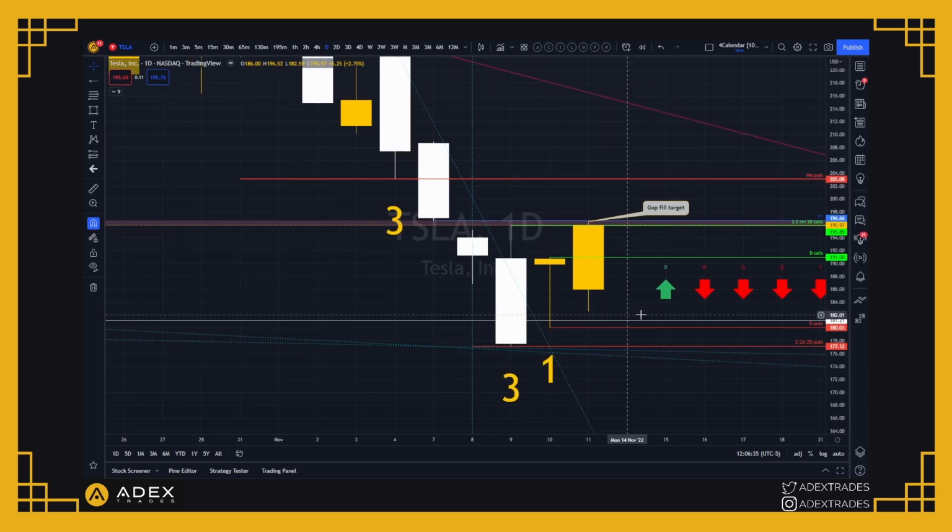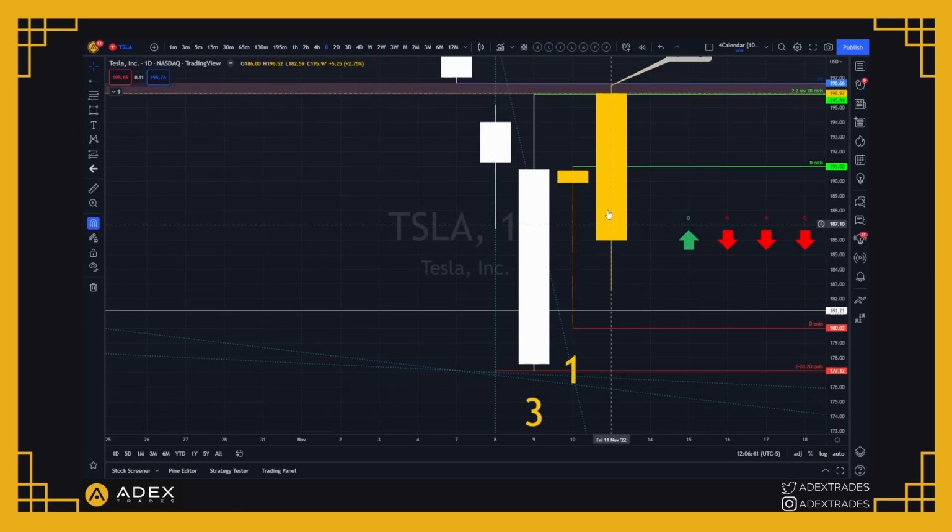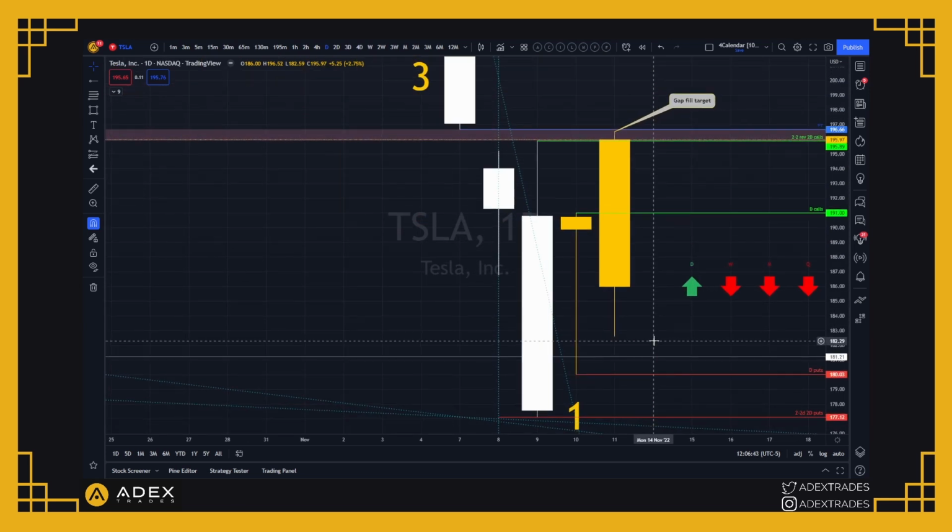I also have a gap fill target to the upside. I'm also a hammer, and I'm coming off of a Momo hammer as well. There's literally 5 to 6 confluences that tell me to play calls.